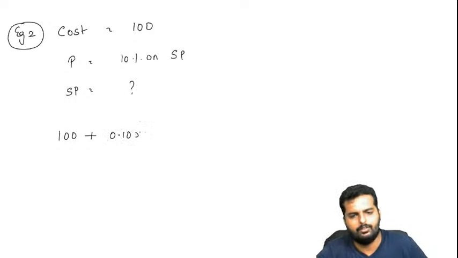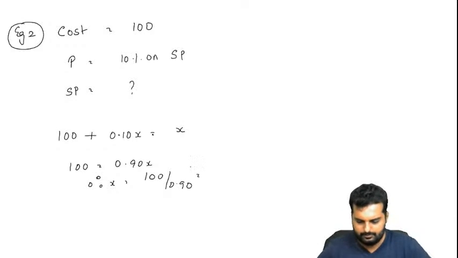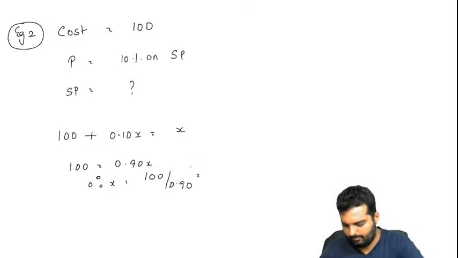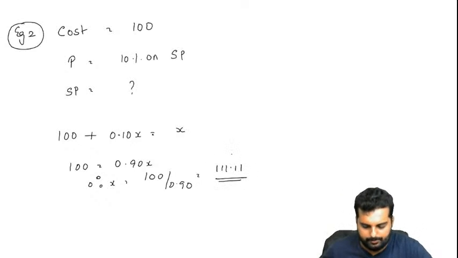It will be 100 plus 0.10x is equal to x. So 100 is equal to 0.90x. Therefore, x is equal to 100 divided by 0.90. I'll get the answer as 111.11. Can you write this down in your books now?